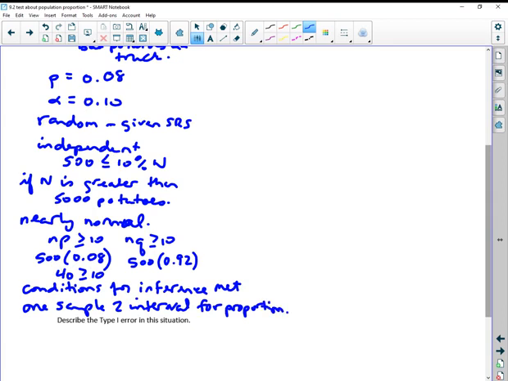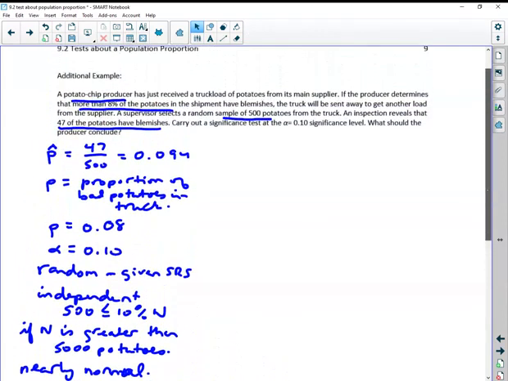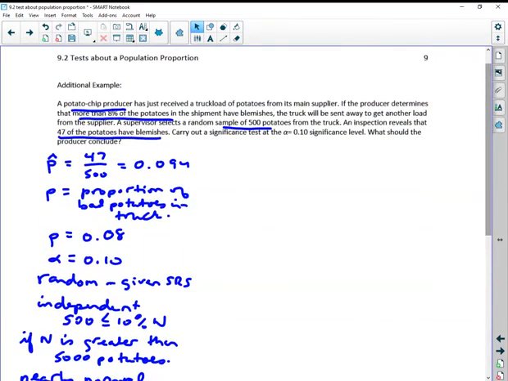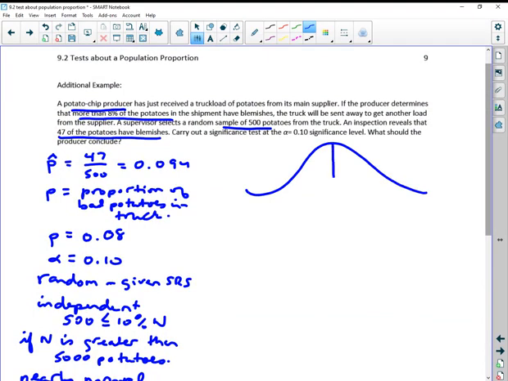Okay, great. All that just to set it up, and now we can actually do our test. So here's my curve. I'm going out there thinking that this is 0.08. I went out there and saw my number with more than 0.08 being blemished. I'm looking at this because this is going to be my region where I'm going to reject the null hypothesis and decide that I've got too many potatoes that are blemished at the 0.10 level.